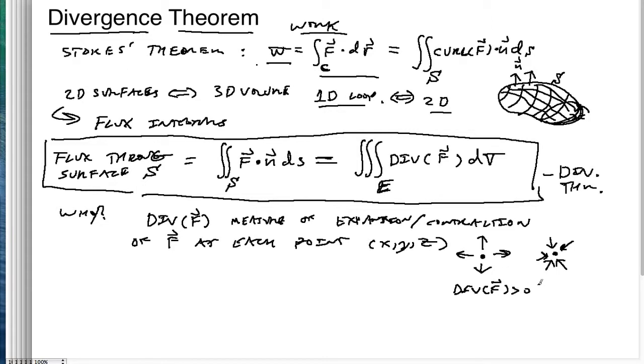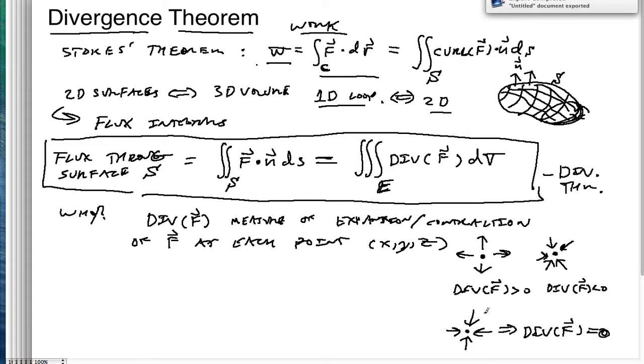Yeah, so that would mean that there's an expansion, and here would be a divergence of our vector field less than 0, which means that things are contracting in on that space. And then another example would be if you have a net balance. So you have some coming in, some coming out, and that would indicate a divergence equal to 0.